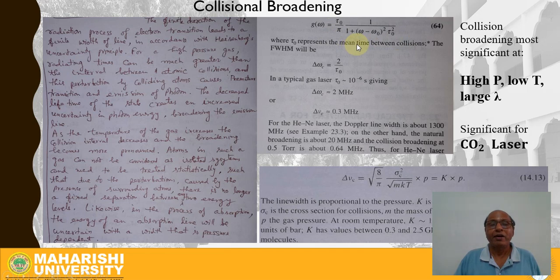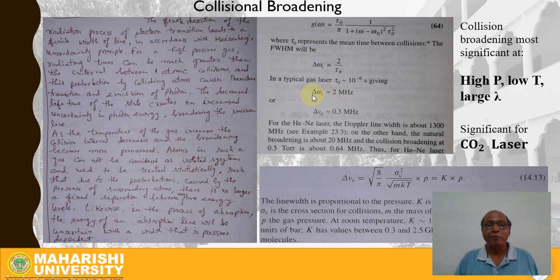But anyway, the overall spread of the collisional line width delta omega c, c is for collisional, is inversely dependent upon the collision time. So if collision time is high, then the line width or bandwidth because of collision broadening will reduce.